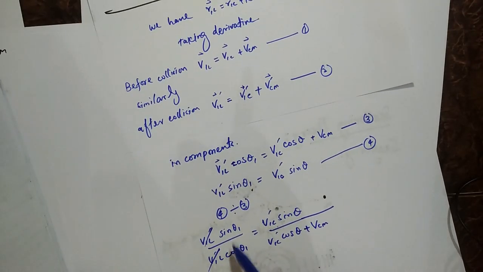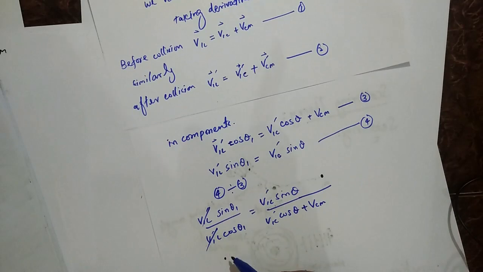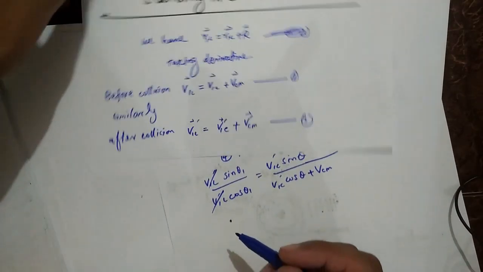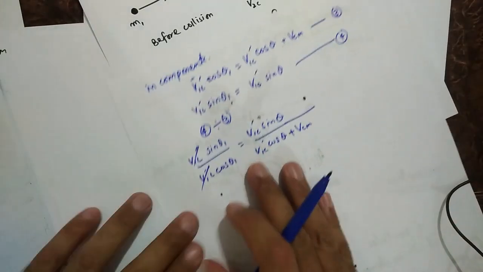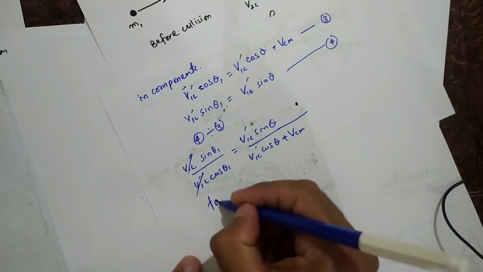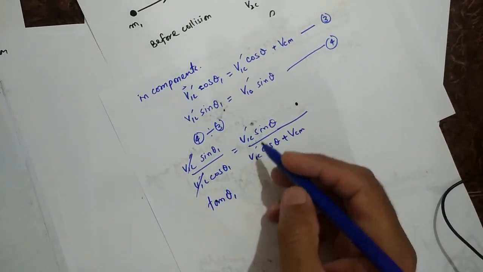Sine theta 1 upon cos theta 1 is tan theta 1.